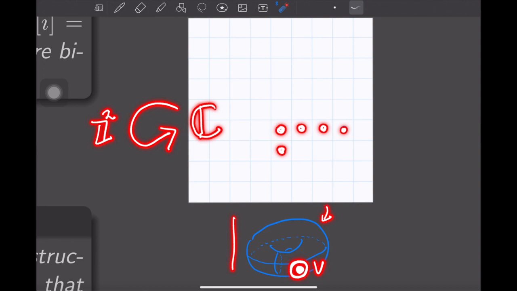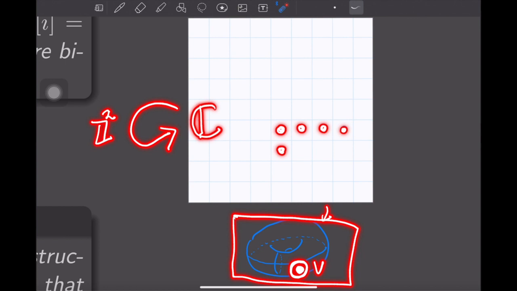Then I can conclude that the torus has a Riemann surface structure. Well, a complex atlas, but it's obviously also a two-dimensional manifold with a countable topological basis. So it satisfies the definition of being a Riemann surface.